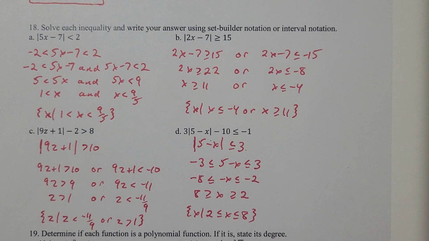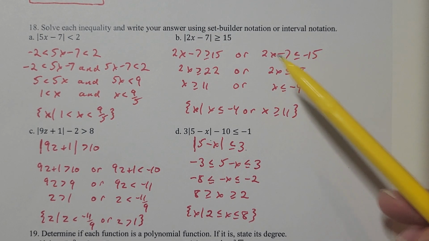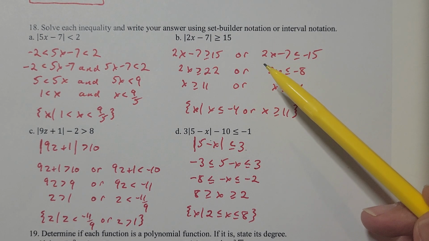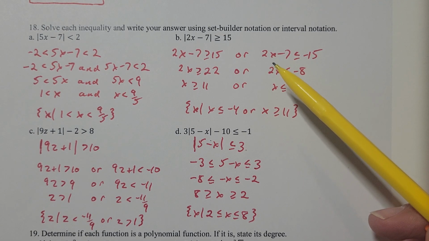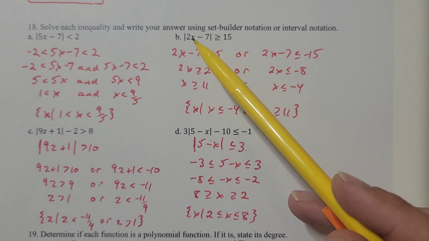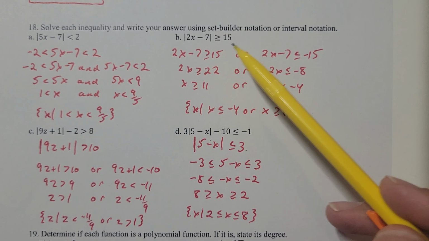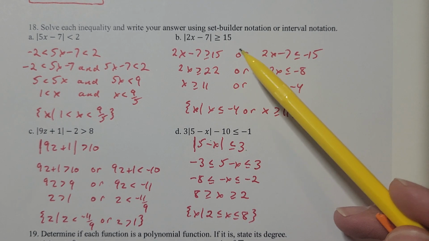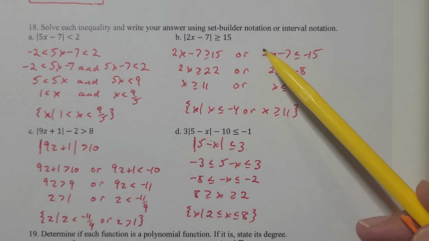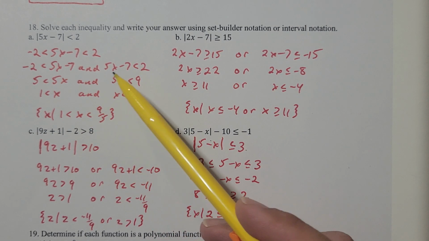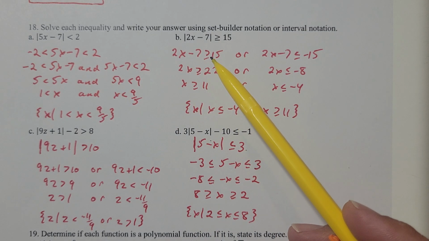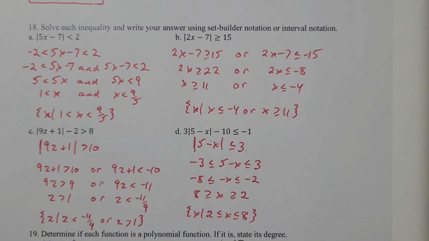Now in part B, we have the absolute value of 2x minus 7 greater than or equal to 15. Whenever the absolute value expression is greater than a number, you're going to have 2 inequalities to solve, just like I had 2 inequalities to solve over here, but the 2 inequalities right here are going to be different.